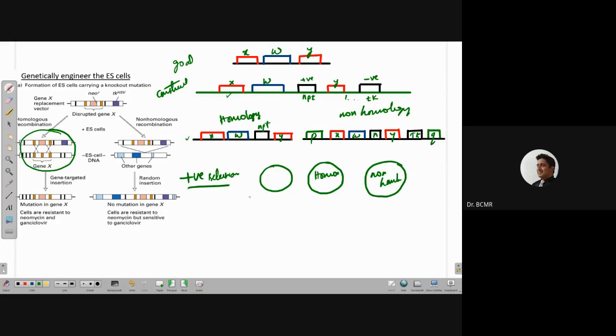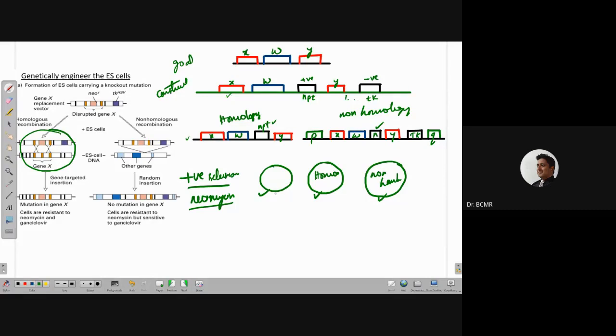So we have three different cells: non-recombinants that did not get any of the DNA, then homologously recombined ones, and non-homologously recombined ones. We would have added neomycin in the growth medium. The homologously recombined one has the neomycin phosphotransferase gene, and the non-homologously recombined one also has the neomycin phosphotransferase gene.